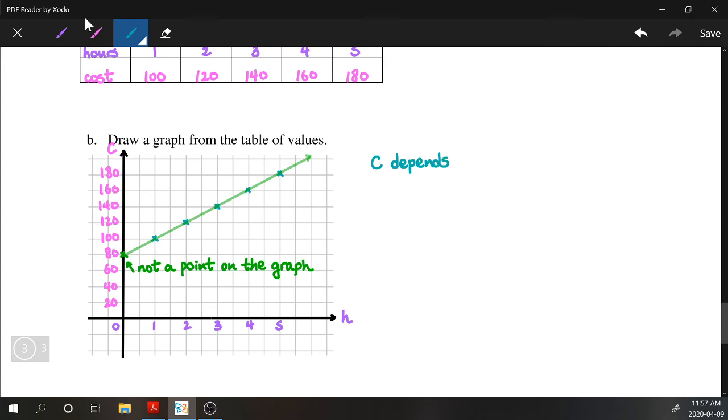From the previous class, you will know that the y variable, which goes on the vertical axis, is the dependent variable, and the independent variable, or the x variable, is the horizontal one. So c depends on h, so therefore c is on the y-axis, and h is on the x-axis.